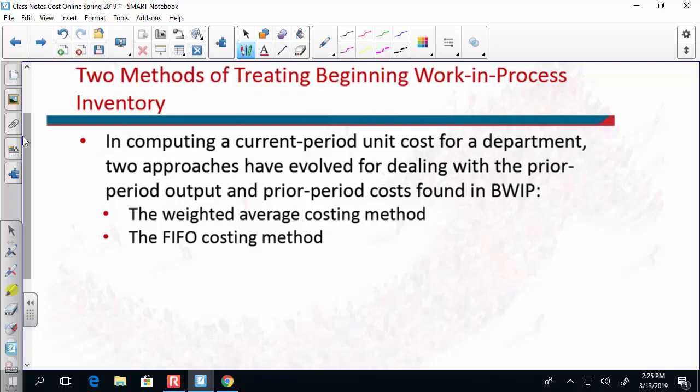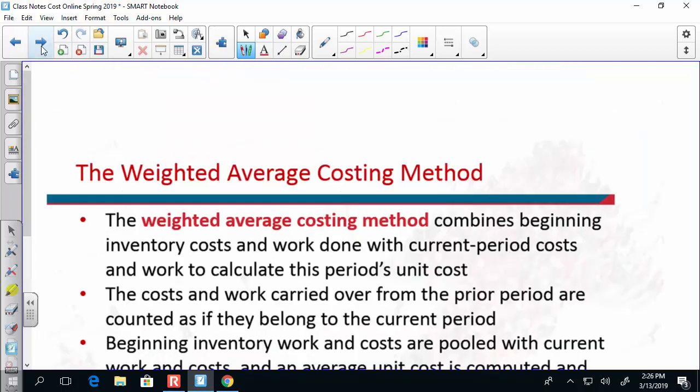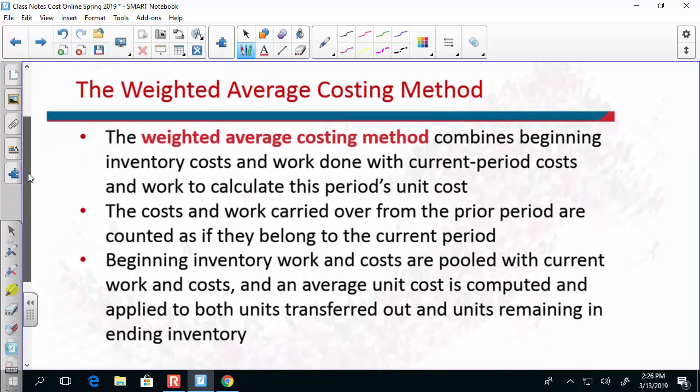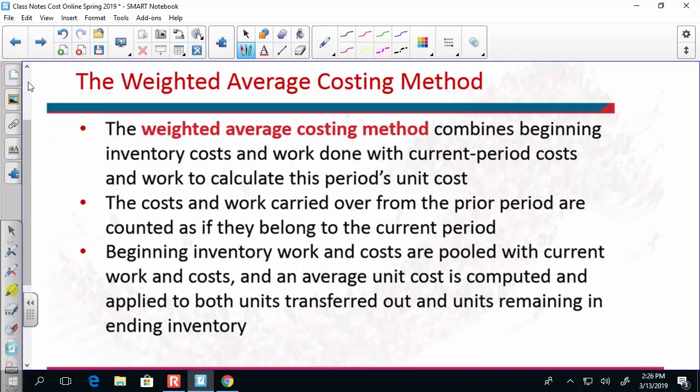So in the book, again, please look at those differences. Make sure you understand which is a benefit and which is a disadvantage for each of those methods. So start out with weighted average. Again, it's a combination of cost, combining beginning cost with current period cost, hence the word weighted average.